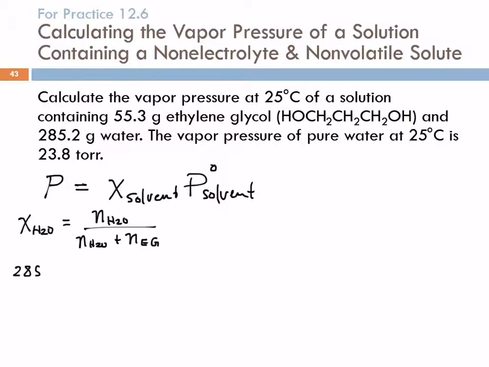So 285.2 grams of water. We have the mass of water, and we need to use the molar mass to convert to moles. It'd be really great if it would show on the screen what I'm writing on the iPad, but that apparently would be too much to ask for.